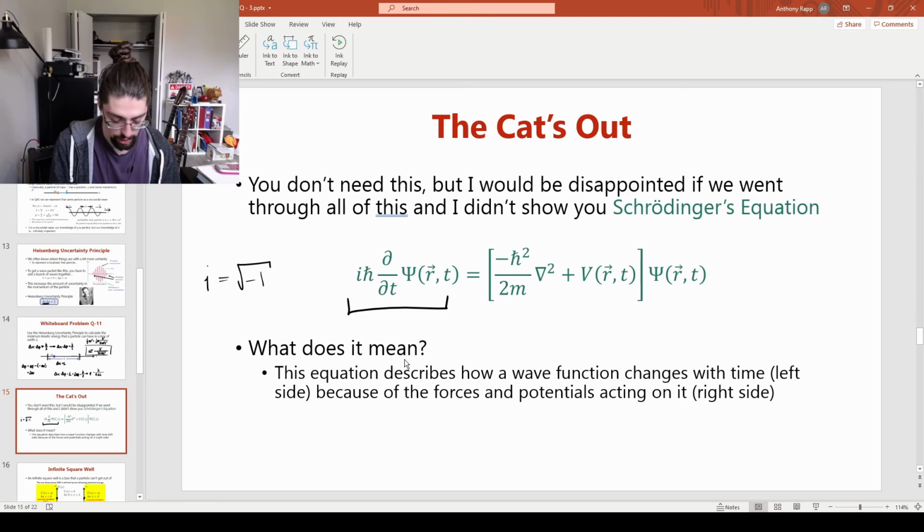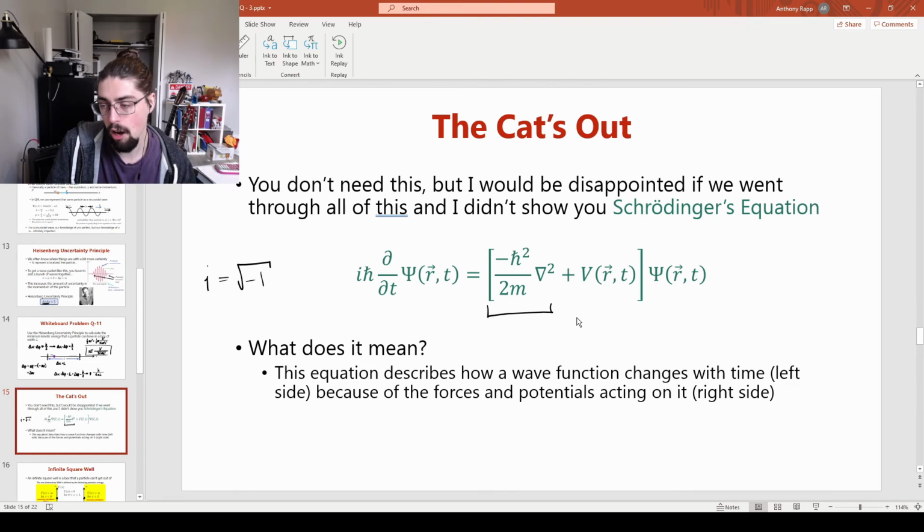On the other side, we've got what we would call the Hamiltonian, if you are familiar with that name at all. But really it's a combination of the different forces acting on it, as well as the different potential energies that would be acting upon our particle. A lot of fun details, all wrapped up in one big equation right here.